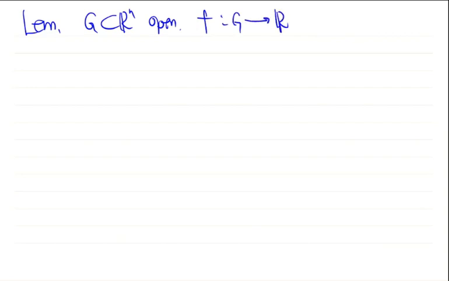So we write the lemma we just proved here, and present to you an interesting application. The lemma is that G is open, F is C1, and for any x in G, the determinant is not zero.